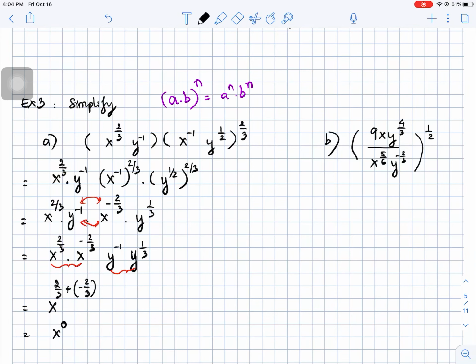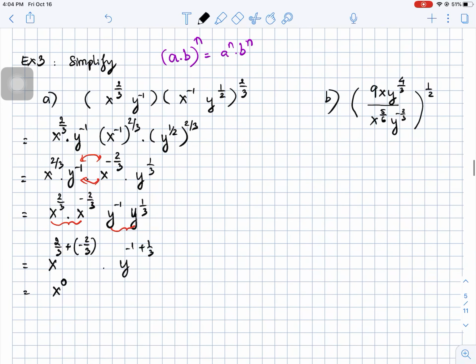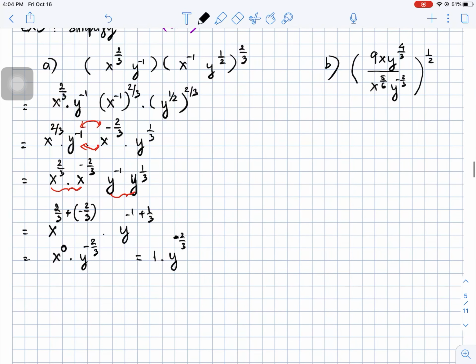Then the reason why we need to move the x next to each other is because we can simplify more for the x. So we have multiply, then we will add the exponents. And we get x to the power 0. For the y, negative 1 plus 1/3 is equal to negative 2/3.